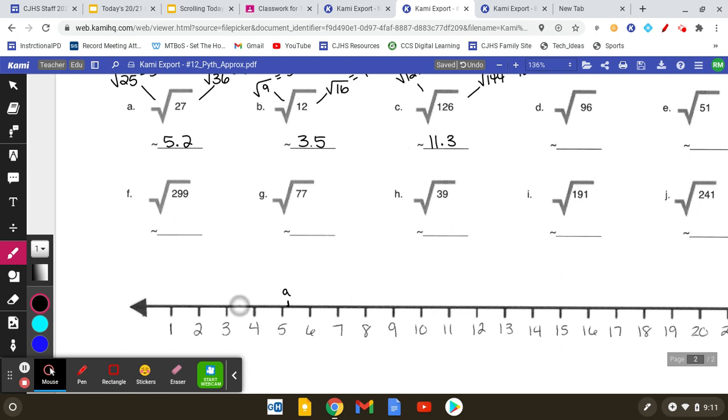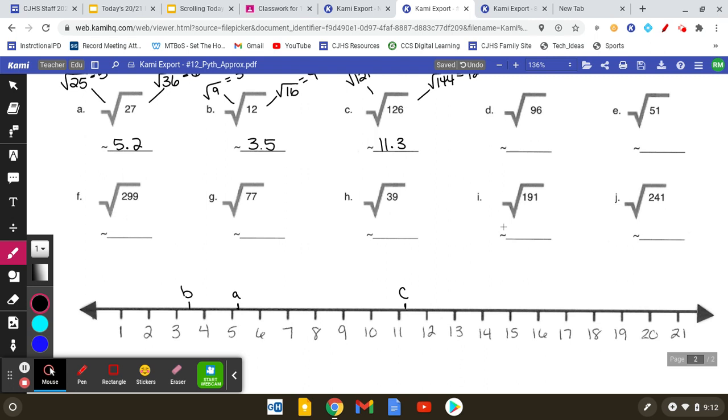B we said is 3.5, so we put it probably in the middle and write the letter B. C is 11.3, so we make a little line, write C. And you'd go through and approximate all of those.